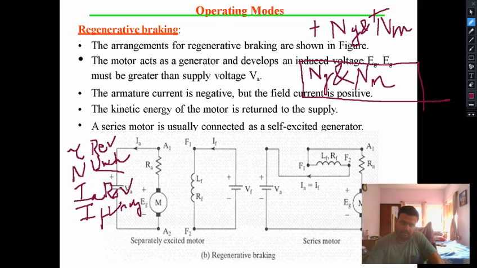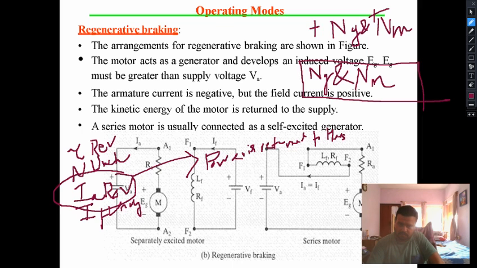This is very important, which indicates that the power is returned back to the supply.